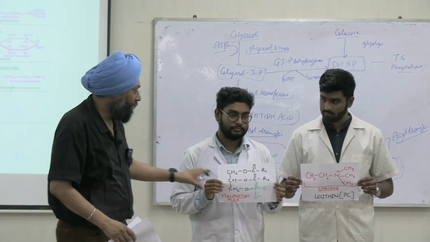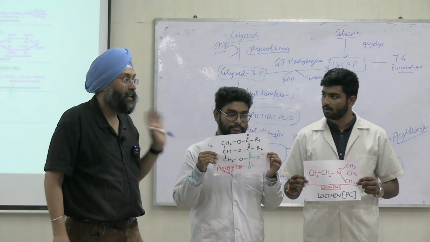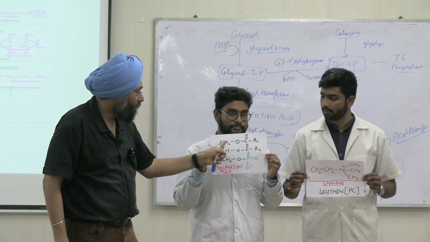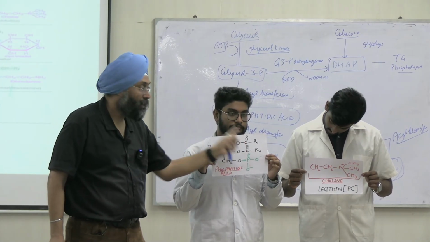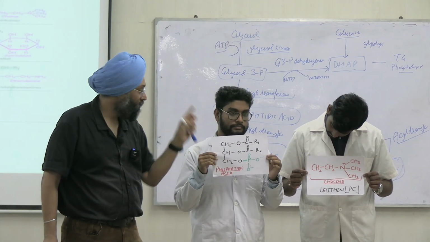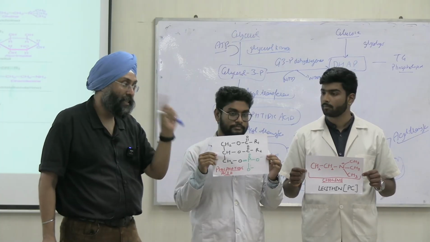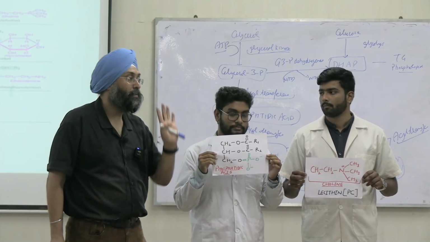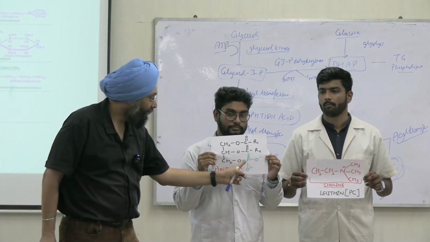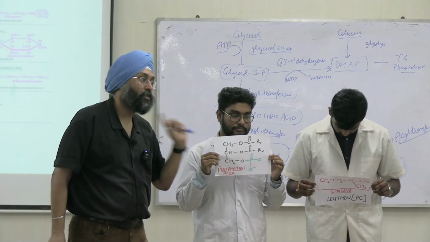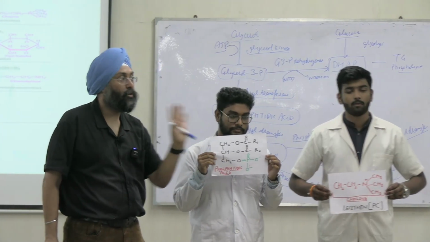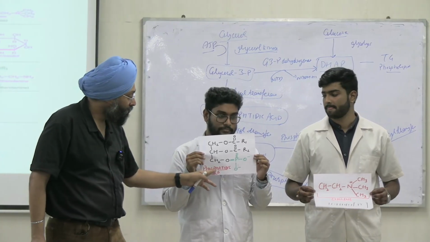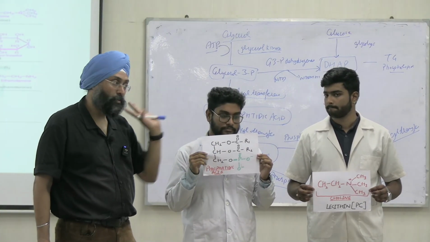We have this phosphatidic acid. How is it formed? First we have 3 O's, that is glycerol. We attach one acyl group, it becomes monoacyl glycerol. Two acyl groups attached becomes diacyl glycerol. Another acyl group becomes triacyl glycerol. But at the third position now we have attached a phosphate, the green one. It becomes phosphatidic acid, that is our first phospholipid, right? Now this phosphatidic acid is the parent molecule.